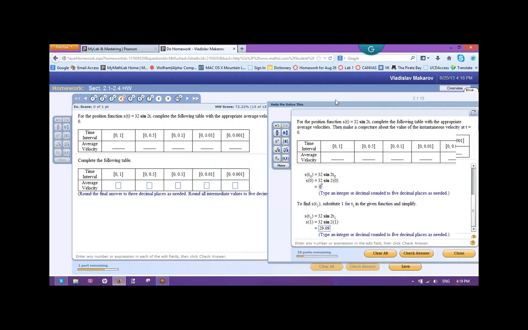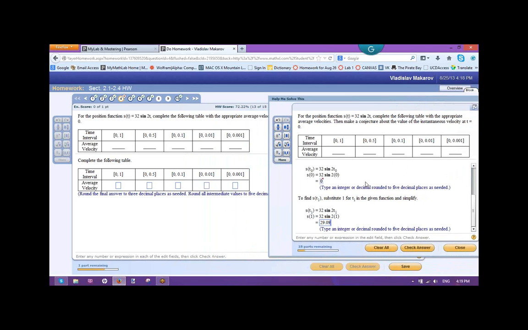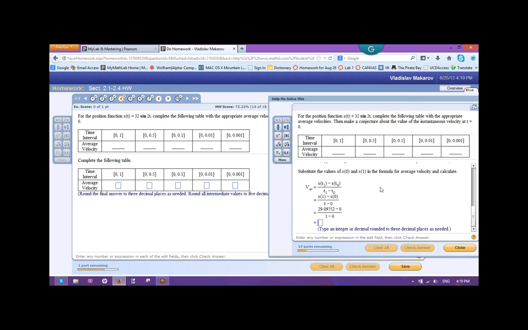In other words, each of these cells needs to be to 5 decimal places. Yeah, that's correct. So when they say round the final answer to 3 decimal places, I think they mean the instantaneous velocity. That one needs to be to 3 decimal places.